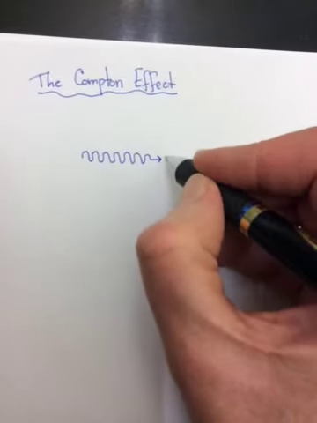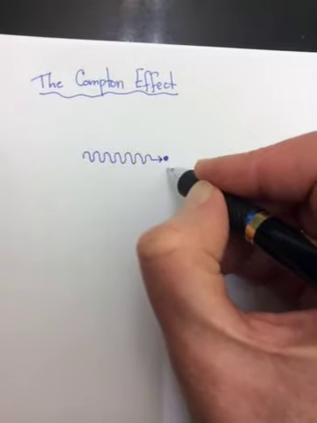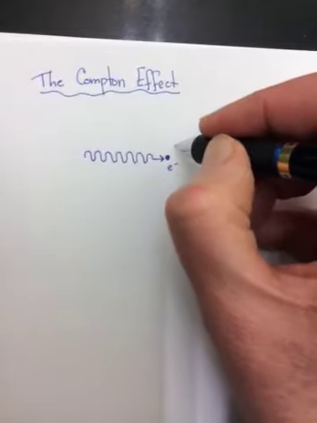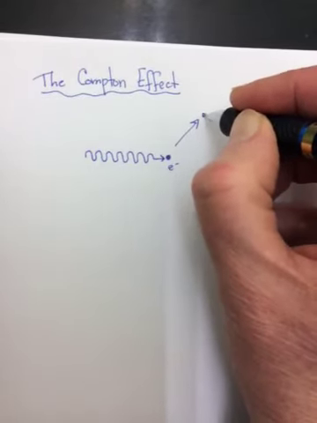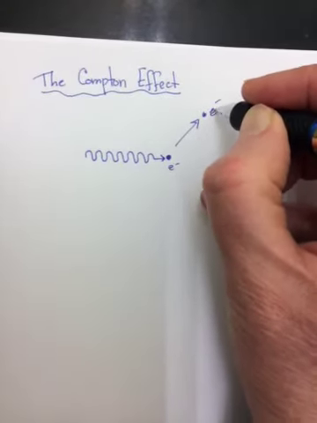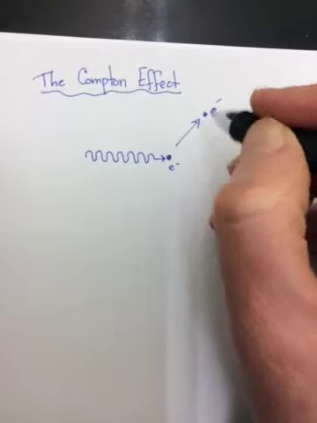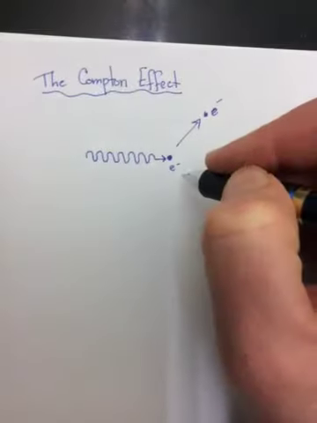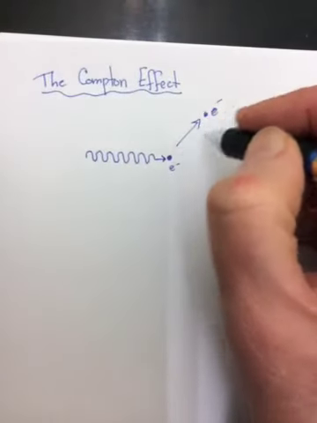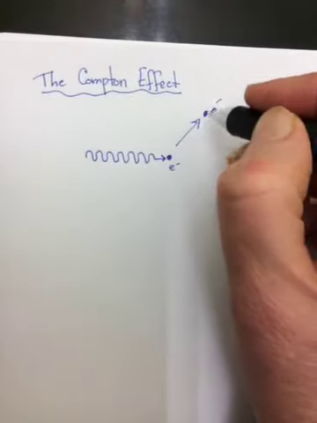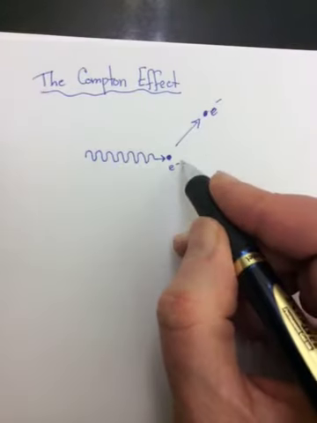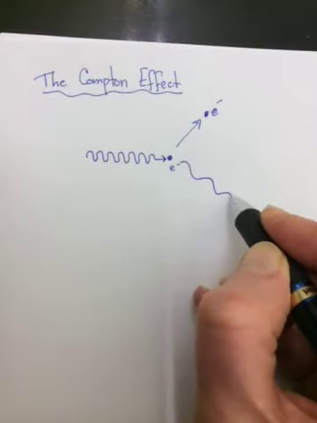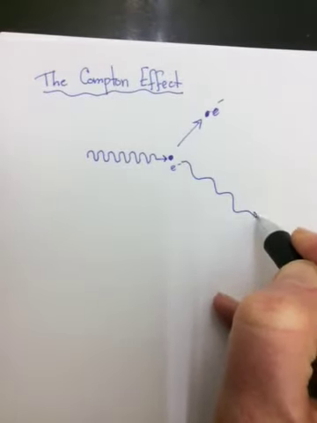And in striking a surface, it ends up hitting electrons, and as a result the electrons are ejected. Now, this might sound a lot like the photoelectric effect, except in the photoelectric effect, the radiation is completely absorbed. But in the Compton effect, the electron is ejected and then a lower energy, longer wavelength photon is given off.